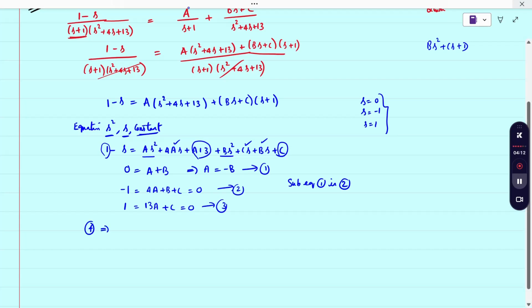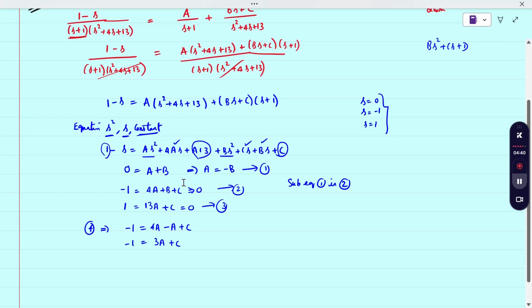Substitute b equal to minus a: minus 1 equals 4a, minus a for b, plus c. When I simplify, minus 1 equals 3a plus c.